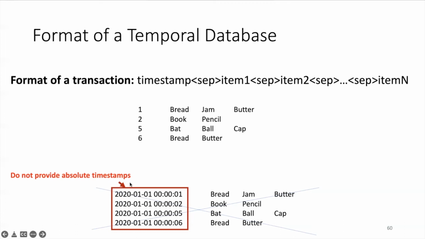We moved from absolute timestamps to relative timestamps. If you give absolute timestamps, then our algorithm may produce incorrect results because it was not designed for absolute timestamps.